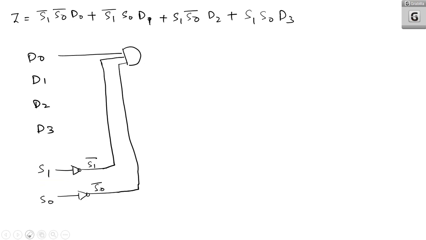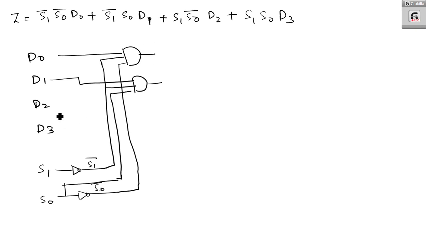Now next one is again an AND gate with D1, S1 bar and S0. That is the second term.